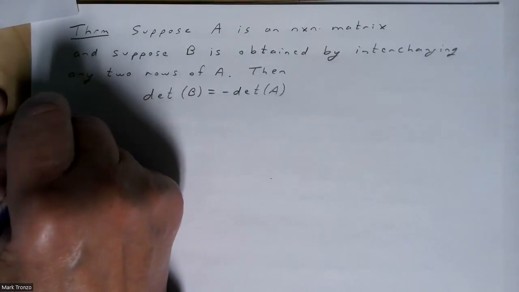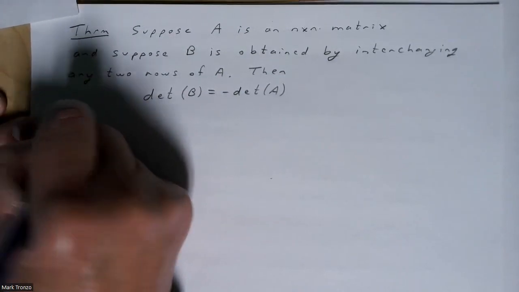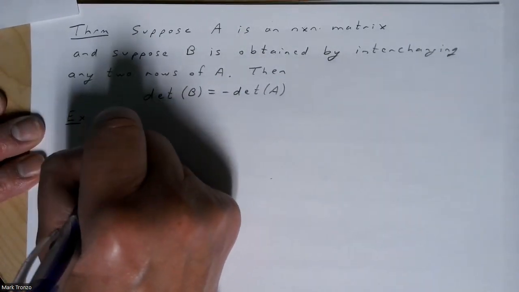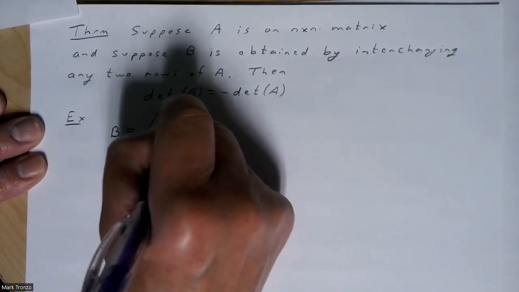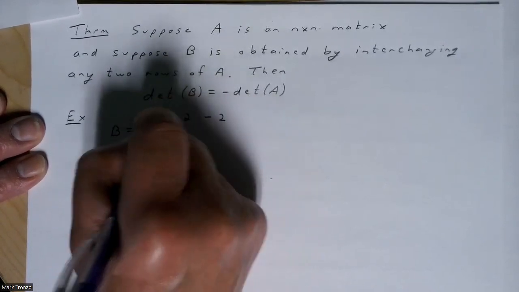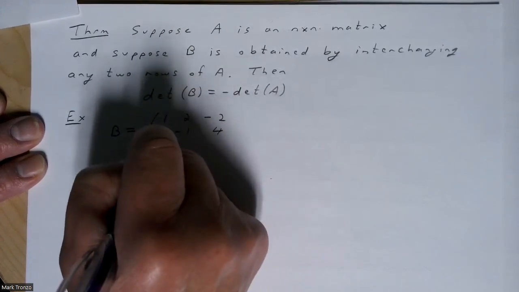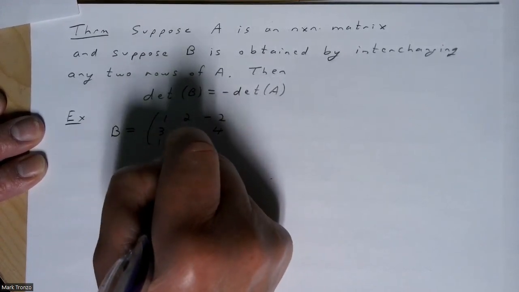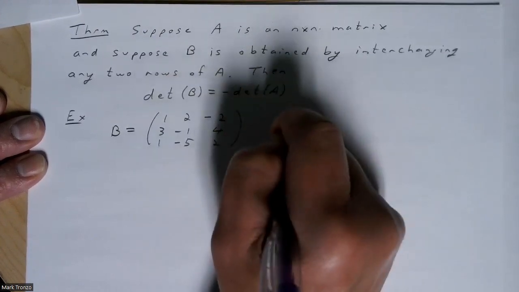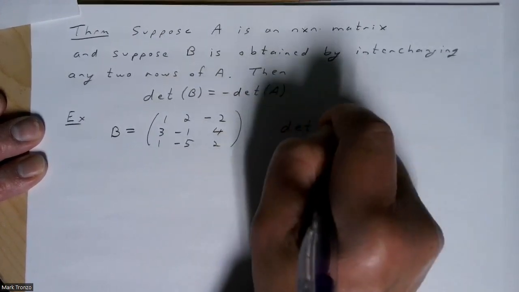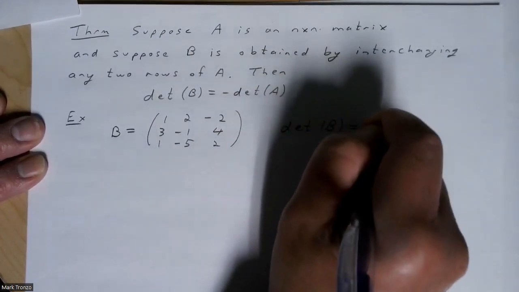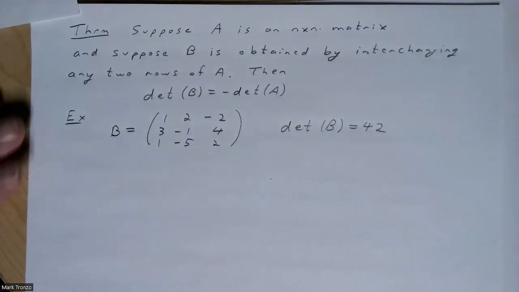So let's do this. So we had B before, now it's 1, 2, minus 2, 3, minus 1, 4, 1, minus 5, 2. And we determined that the determinant of B was 42.